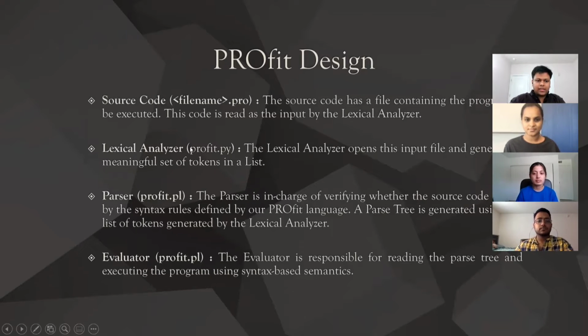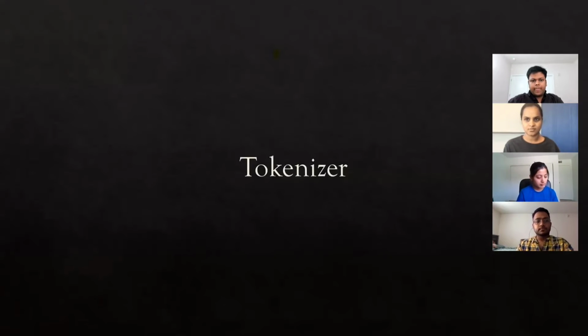The lexical analyzer is basically the profit.py file, which takes input as a file and gives output on screen. Our parser, profit.pl, has our DCG, definite clause grammar rules, and the same file has our evaluator, separated by comments, which gives syntax-based semantics to the output of the parser, which is an abstract syntax tree. Next, over to you, Disha, the tokenizer.